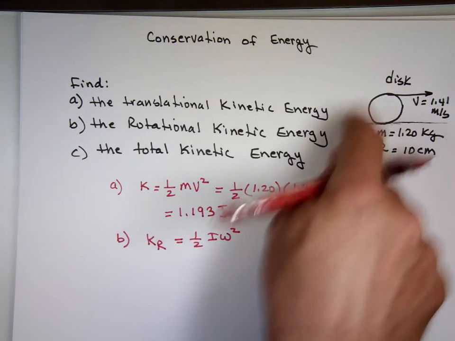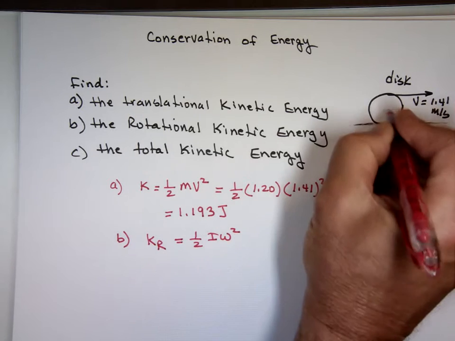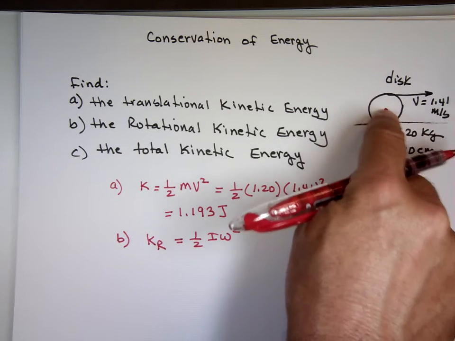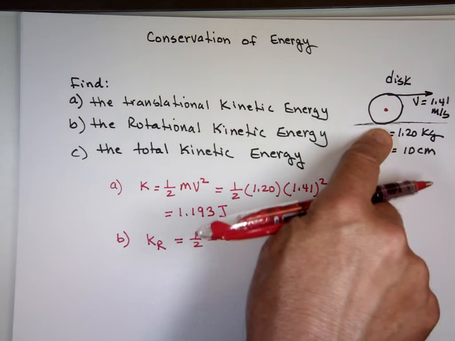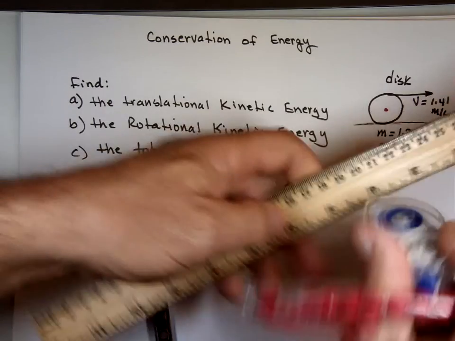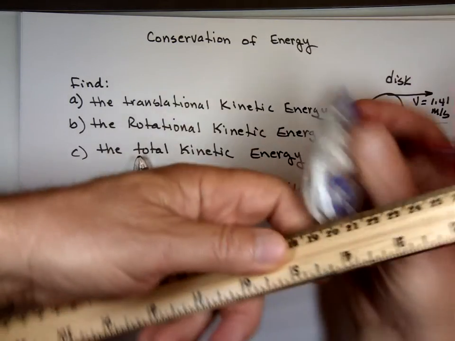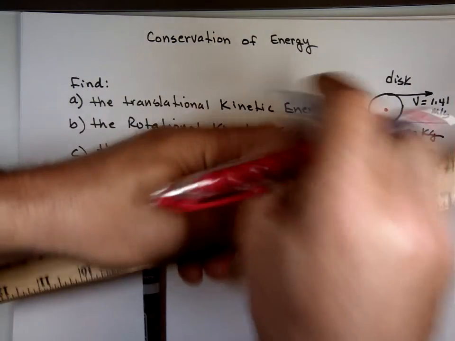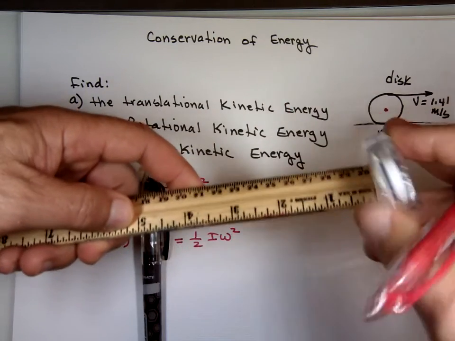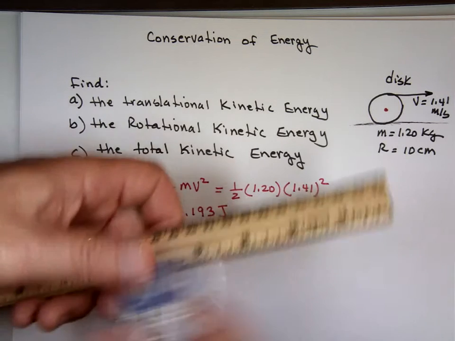As the wheel rolls on the ground, it looks like it's spinning around the center, not around the edge. The wheel is spinning around the center the whole time.